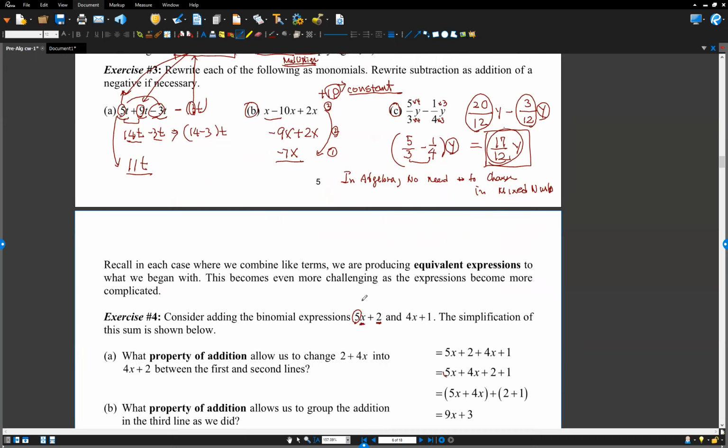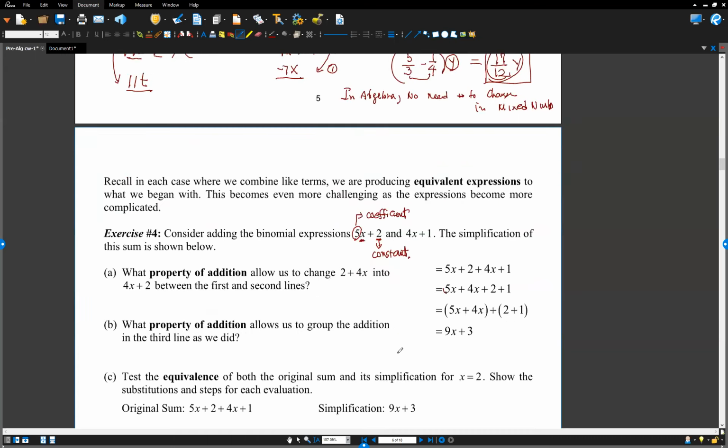This one has no variable, so it is a constant. Constant and constant are also like terms.